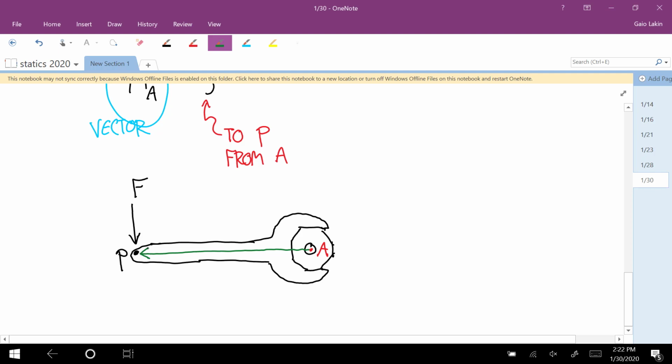So what's the direction of the moment? The direction of the moment is determined by the right-hand rule. Have your fingers curl in the direction that the object is going to rotate, and your thumb points in the direction of the moment.